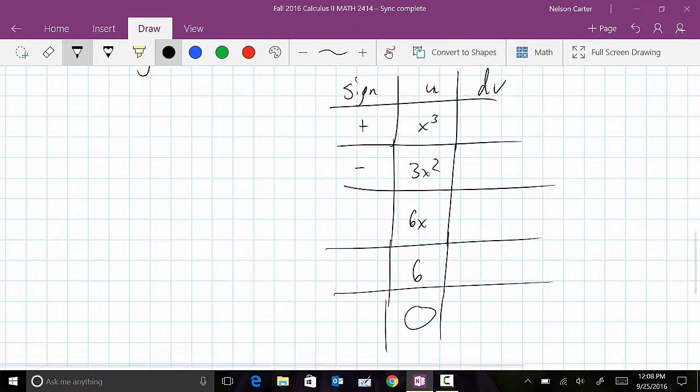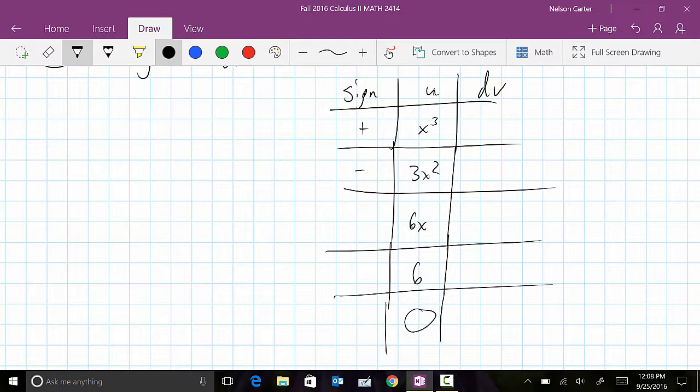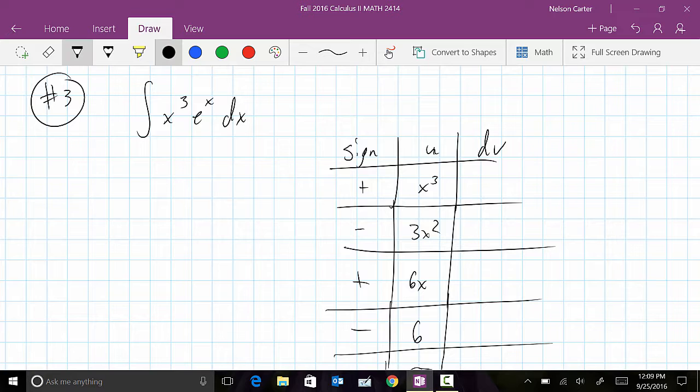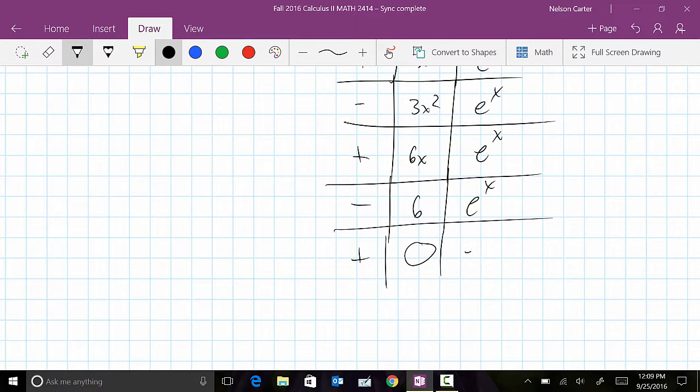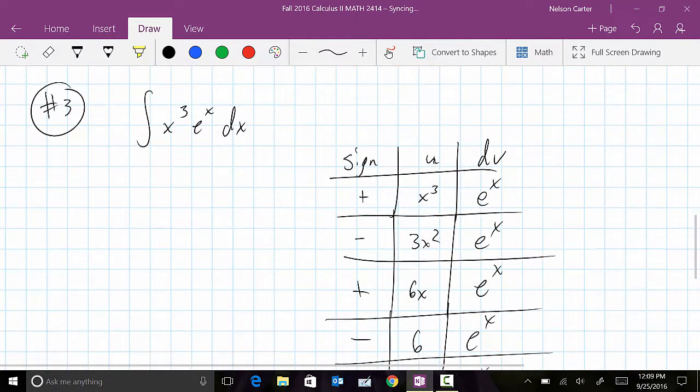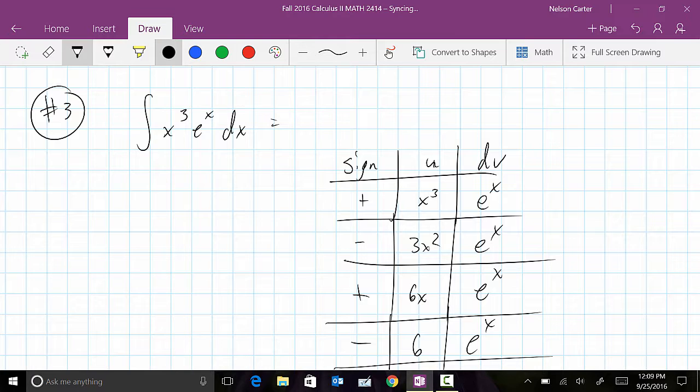Okay. And so for your signs, they're just going to alternate plus, minus, plus, minus, plus. And then over here, we're going to pick the thing that we're going to integrate, which is e to the power x, e to the power x, and so on down the column. Then just keep in mind that when you integrate this thing, you're going to get this sign, and then this times this.